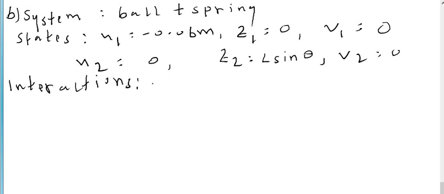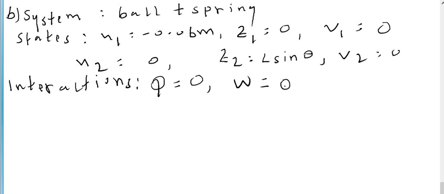So no heat, and work done is also 0, because no net work is done, since we take the ball and spring as a system. No external work is done, because in the first process we took the spring as not part of the system, so there had to be work done by the spring.